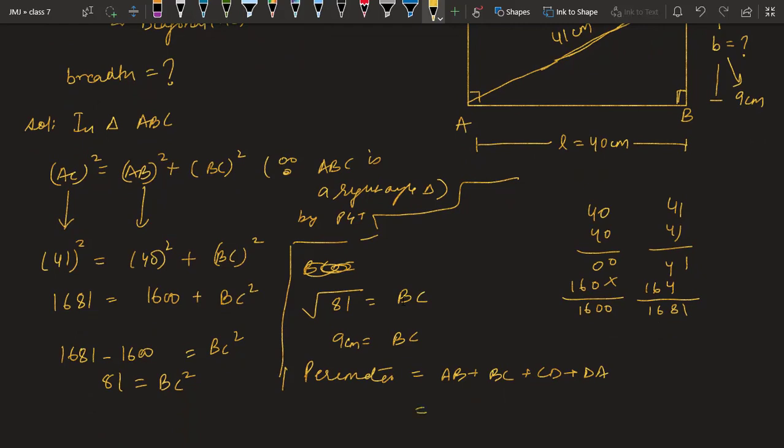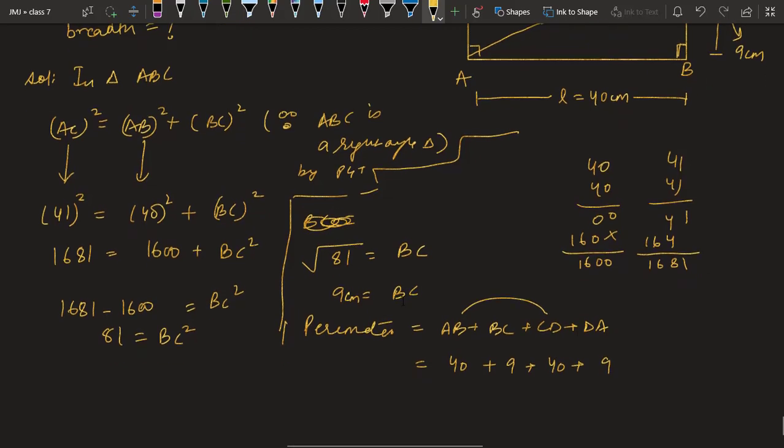AB is given to you as 40, BC you have found as 9, CD is opposite to AB and they are equal, it is a property of rectangle, and DA is 9. If you add this, you will get 40 plus 40, 80, 80 plus 18, 98 centimeter is the perimeter of the given rectangle. Okay. Now last question.